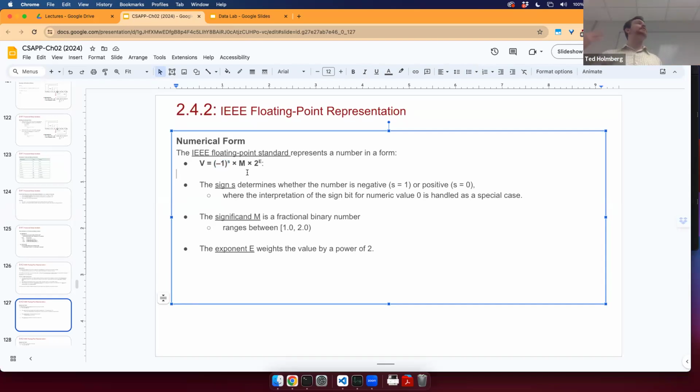So now this allows us to have negative real values or positive, right? With the prior definition, we were using unsigned values. Then we're going to have our significand, which can also be called your mantissa, which is going to be our M value. That's going to be our fractional binary value that can have a range between 1 and 2. And then we're going to multiply that by 2 to the power of our exponent, which is going to be the value of a power of 2.